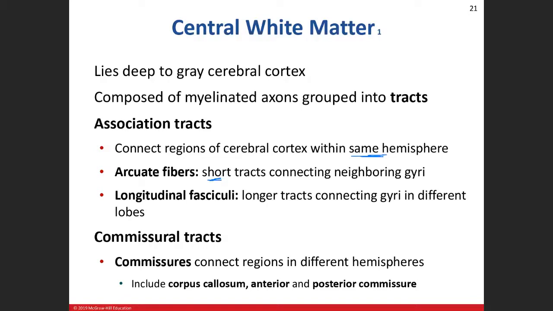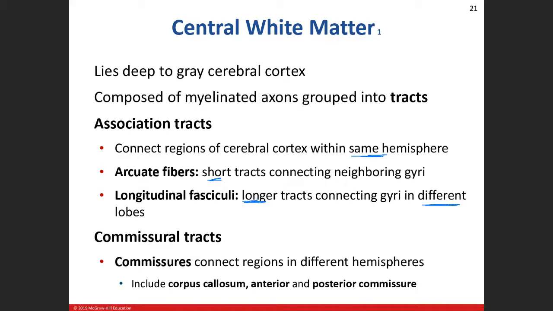That's easy. The longitudinal fasciculi are the longer ones. These will connect a gyrus from the frontal lobe to, say, a gyrus in the parietal lobe, so it's going to go to a different lobe. So those are your association tracts. They stay on the same side.